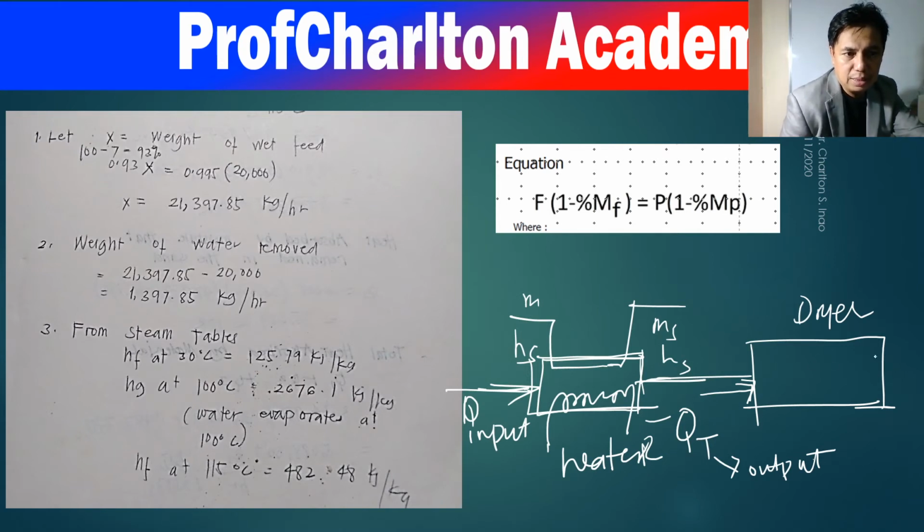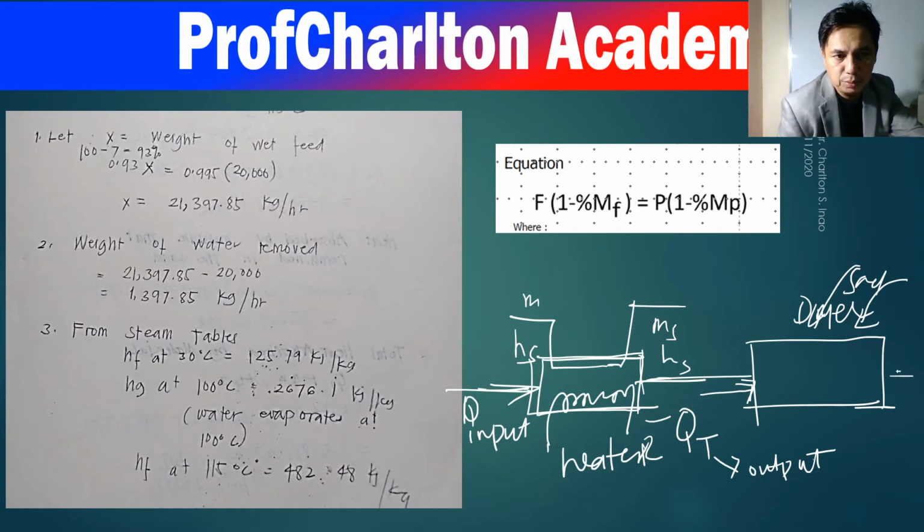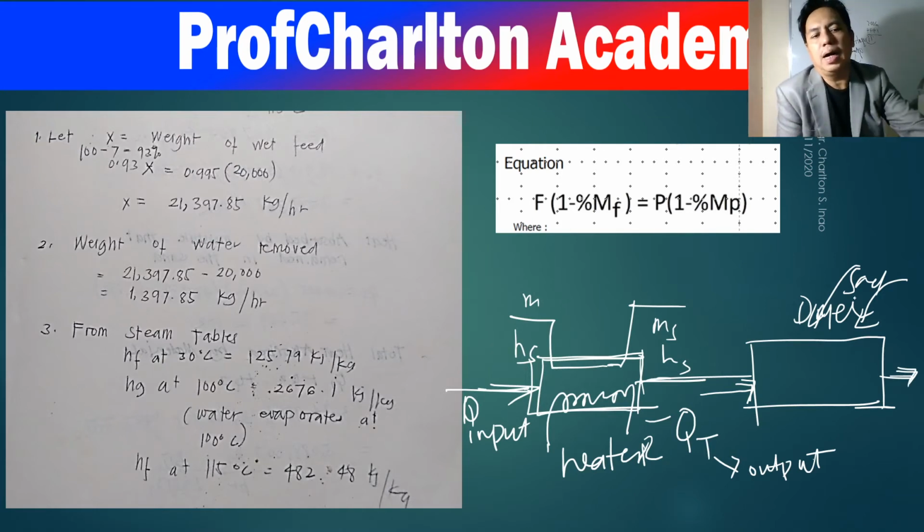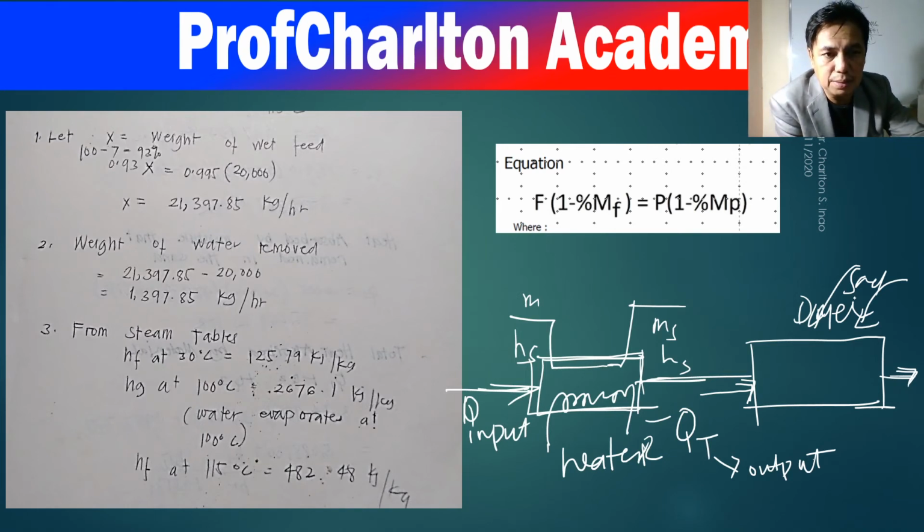And the dryer, you put the material, the sand, and then the temperature will be high, right? After the output, the temperature will be higher than before, and it depends on the problem given in the problem, but in this problem the temperature will be higher.